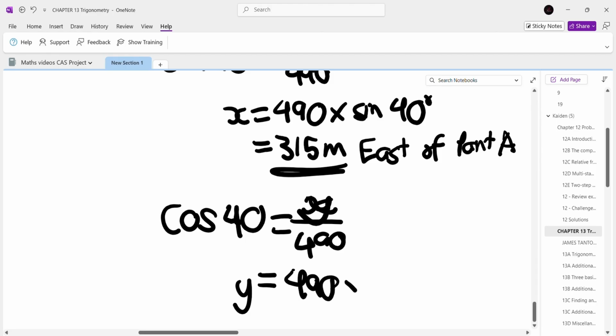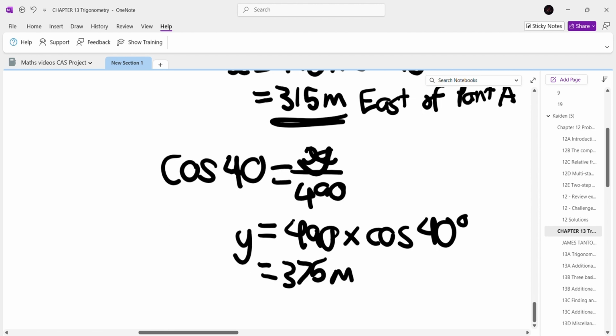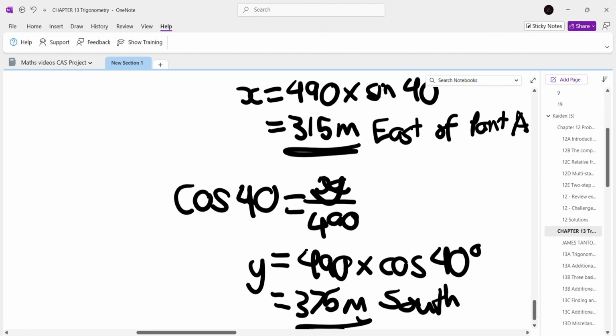Y equals 490 times cosine of 40 degrees. Which in this case is equal to 375 meters south, if we're using three significant figures.